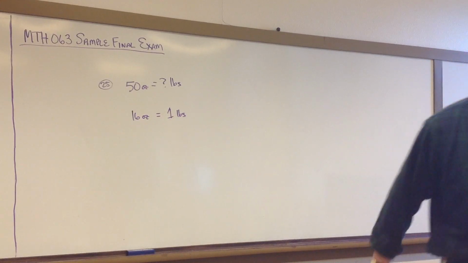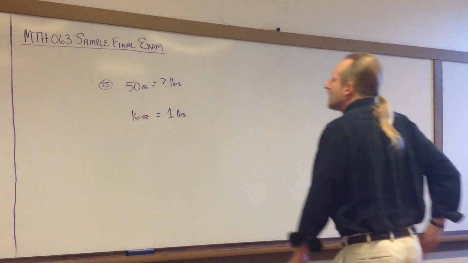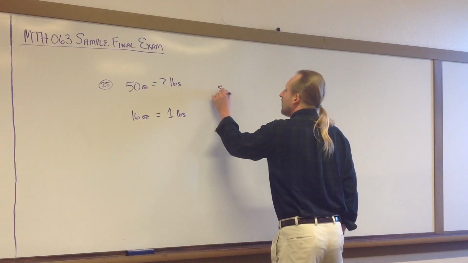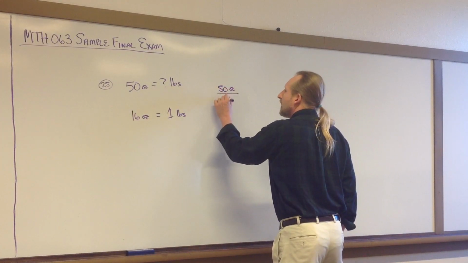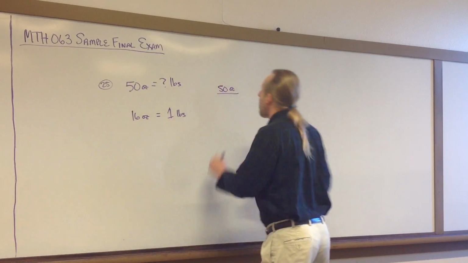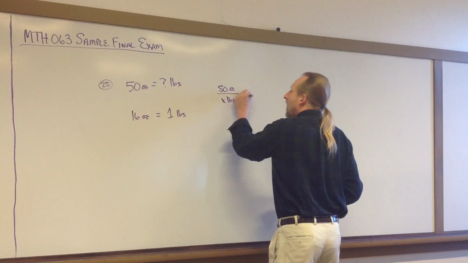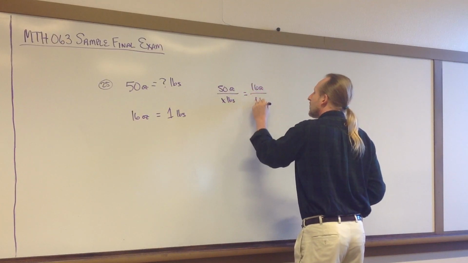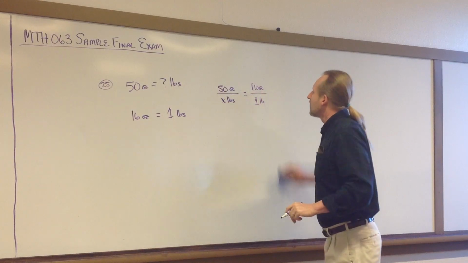So, let's just set up a proportion here. 50 oz is x pounds. And then over here we know 16 ounces is going to be 1 pound.